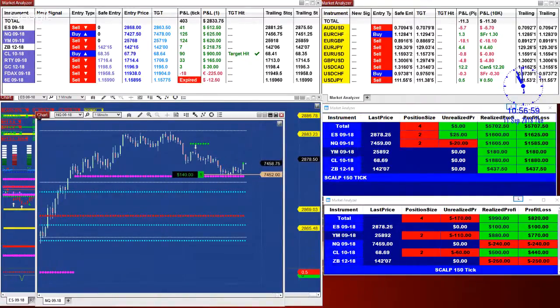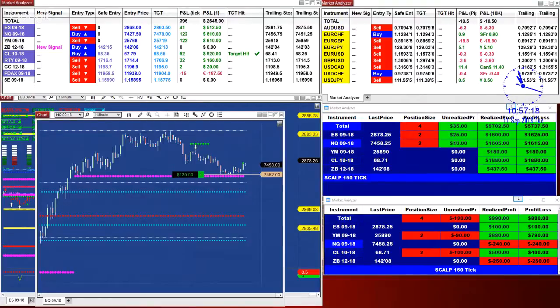It's not letting me change the chart at the bottom, so I need to open a new chart. For the ones following me on that trade, if you wait a few seconds, maybe I can guide you to the exit.